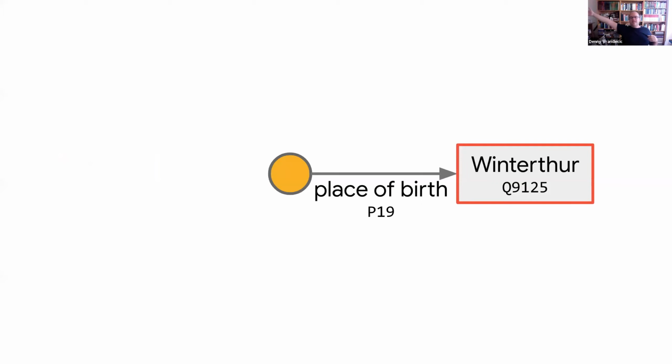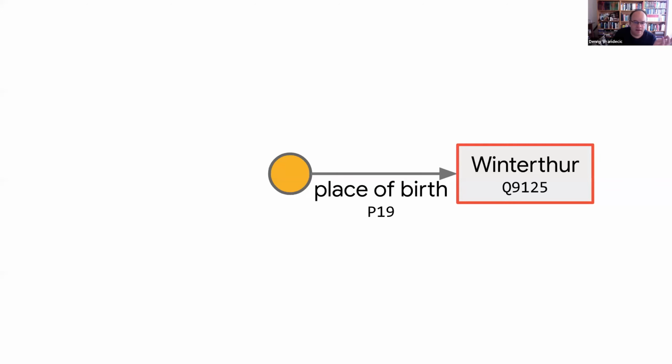You can say, I want to match any node that has an edge labeled, for example, place of birth, P19 in Wikidata language, to Winterthur. And what you get is every node whose place of birth is Winterthur, which means basically everyone who was born in Winterthur.